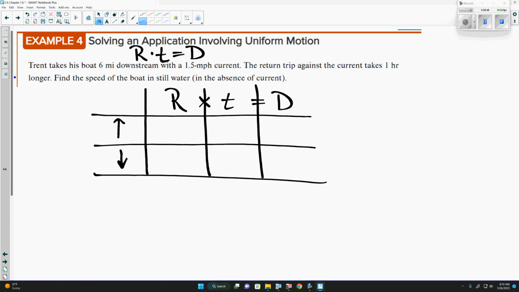If we're going up the stream, we're going against the current. If we're going down the stream, we're going with the current. And we have our speed of the boat. And we also have the current. So we have this set up so we can organize all of our data and put it in.